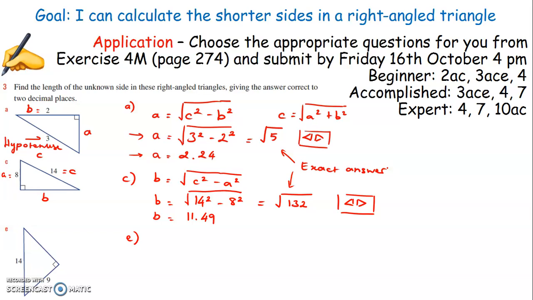And there's actually a special name for these kinds of numbers, and the textbook does mention the name. We call them surds, S-U-R-D-S. They are when we have a square root and then there's a number inside there.